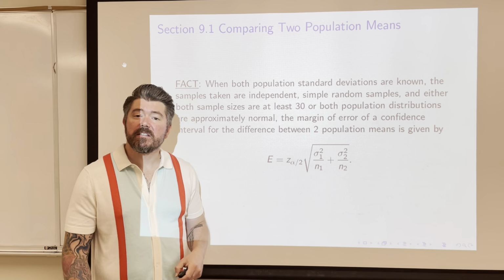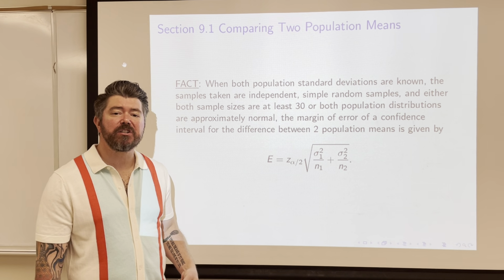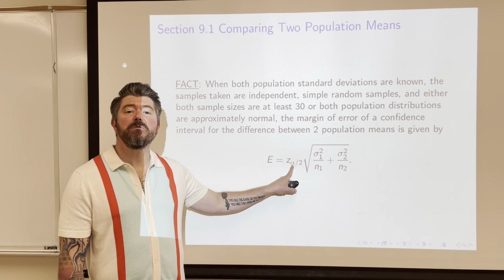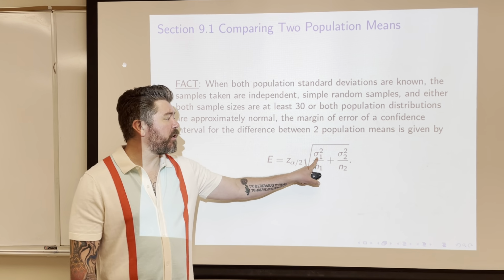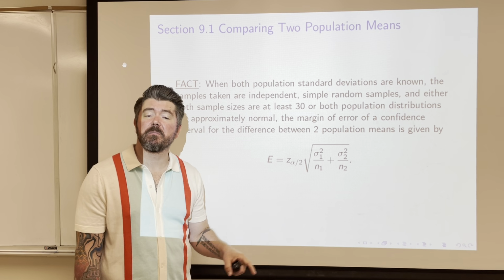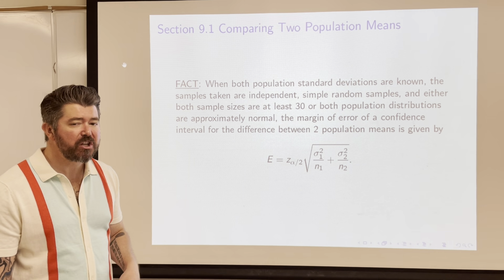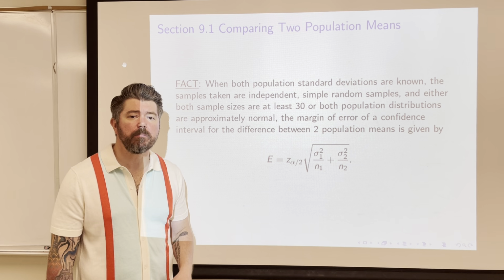So when sigma in both populations are known, we're going to use a z-value. And we're going to incorporate our sigmas in the formula, just as we saw in Section 8.1.